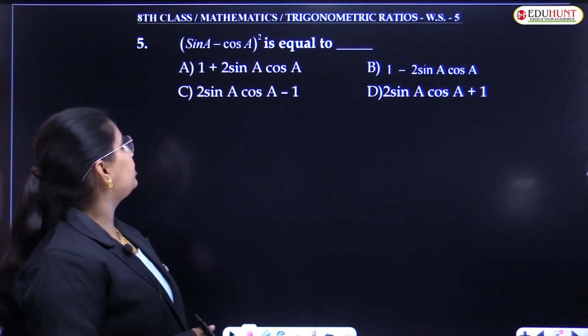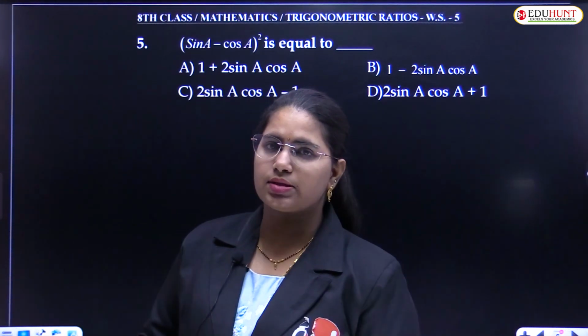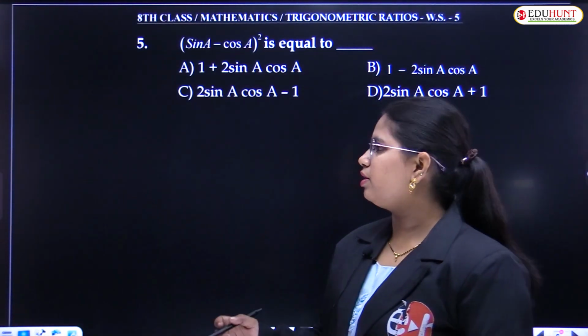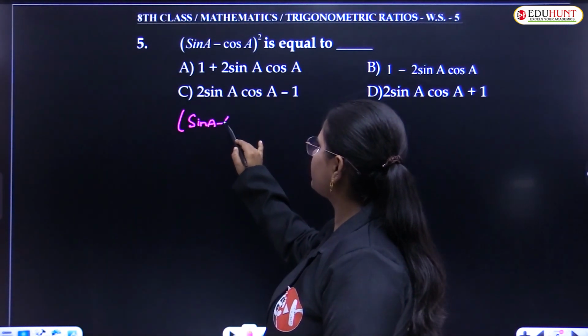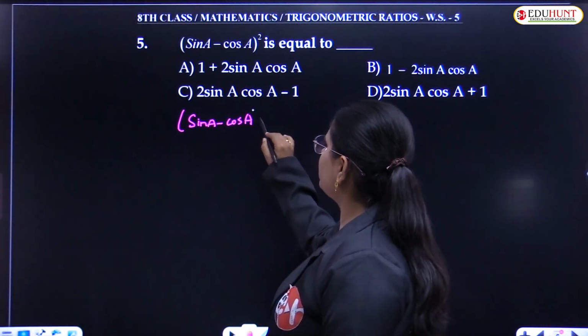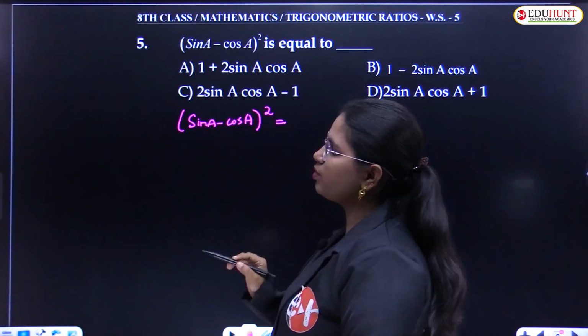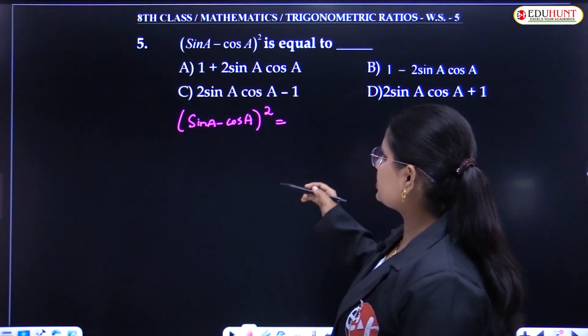It is sin A minus cos A whole square is equal to what? Sin A minus cos A whole square is equal to what? So let's take sin A minus cos A whole square. Can we apply A plus B whole square or A minus B whole square? Yes, of course.